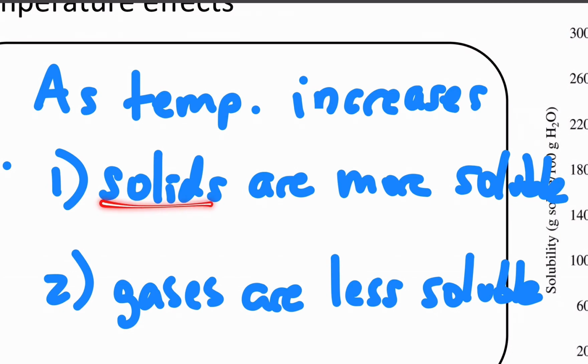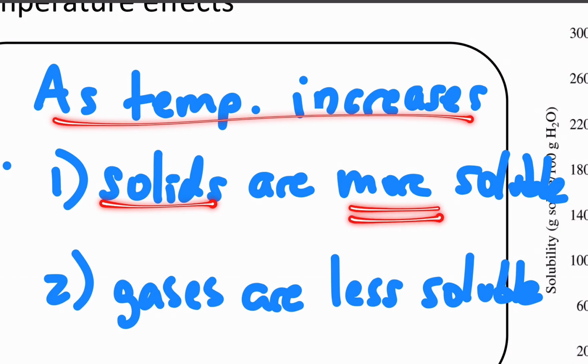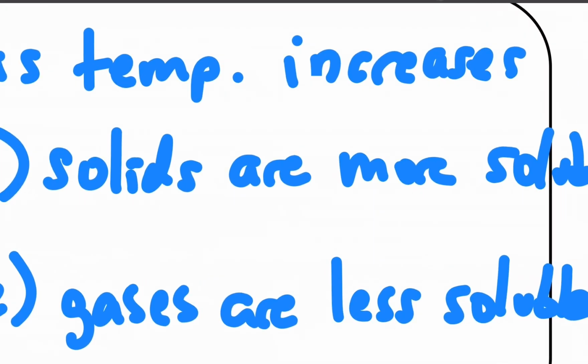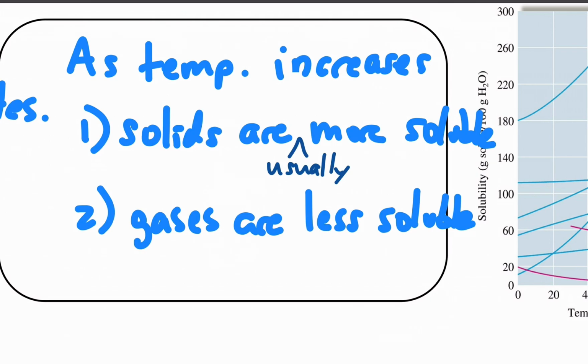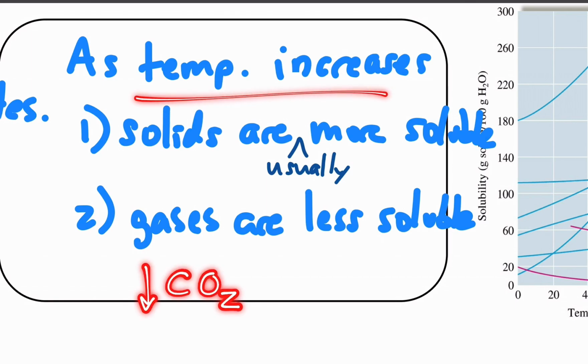Think about, again, making sugar water. If you dissolve solid sugar in water, as temperature increases, you can get more of that to dissolve. I'm going to qualify this with usually, because it's simply not always the case. But it's fair to say most of the time it is. Likewise with gases, if you heat up a carbonated beverage, your CO2 gas becomes less soluble as temperature increases.